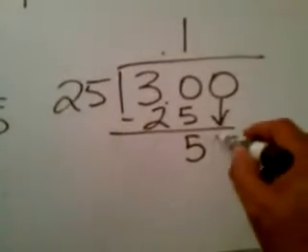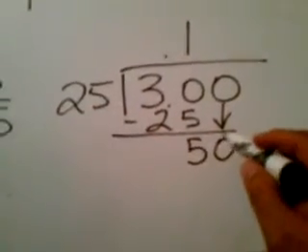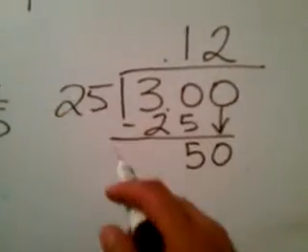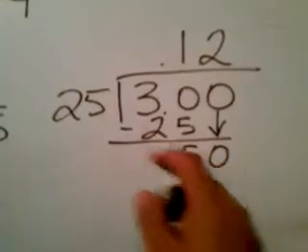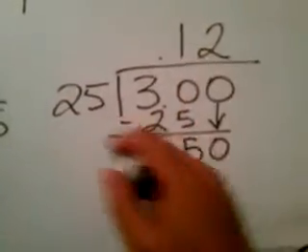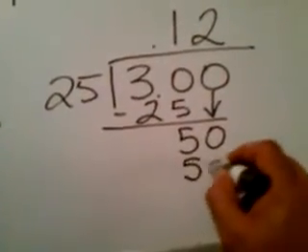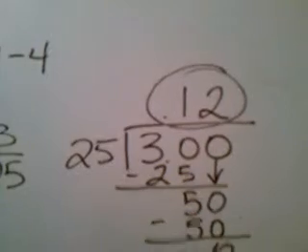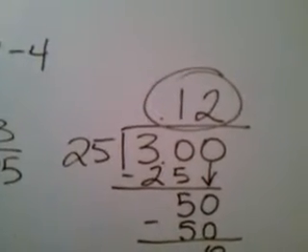Bring down my 0. How many times can 25 go into 50? Oh, that's easy. 25 times 2 is 50. I just think about quarters. How many quarters are there in 50 cents? 2 quarters. So 2 times 25 is 50. And we're done. So my answer is 0.12, which is really the same thing as 12%.